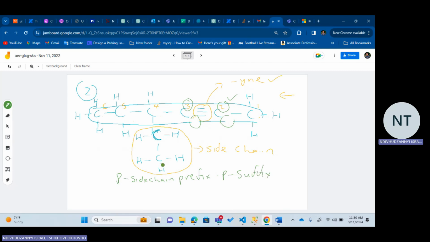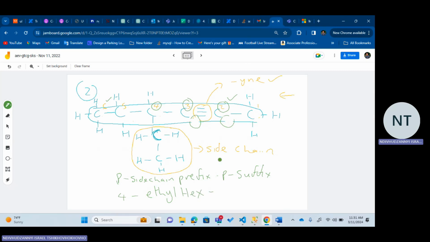Okay, then what's the position of the side chain? It's in position 4. What's the name of the side chain? If we have 2 carbons, then we know that it's eth. Then because it's a side chain, at the end we write YL. Then the prefix: how many carbons do we have in the longest chain? It's 6. So 6 is hex.